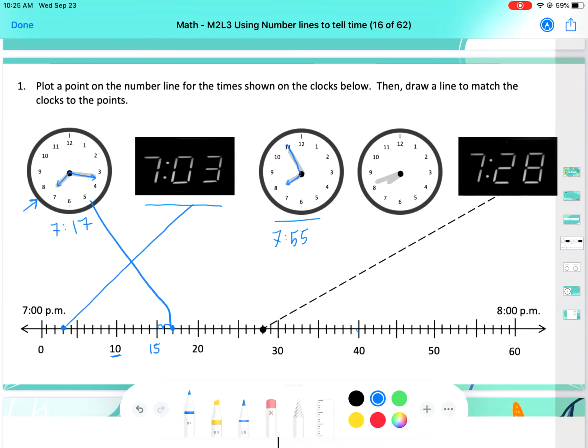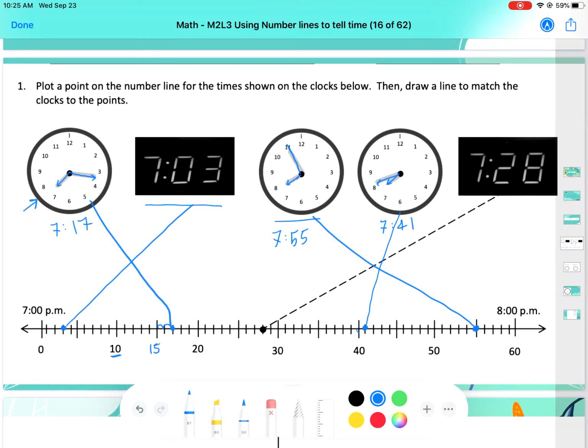So on the number line I need to find 55, which is about here, and I'm going to draw a line. I'm going to do the same for my last clock, which is about 7, so after 8, so 41-ish. Okay, here's my 7:41, and here's my last line.